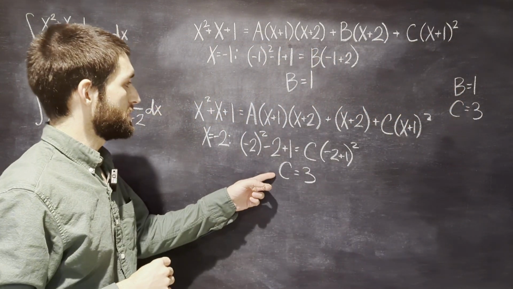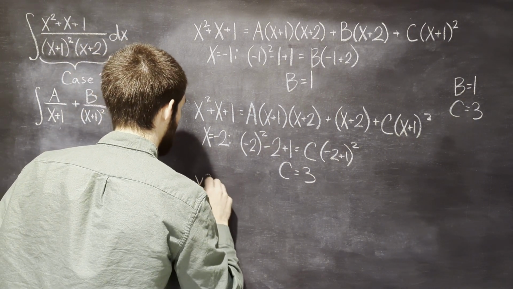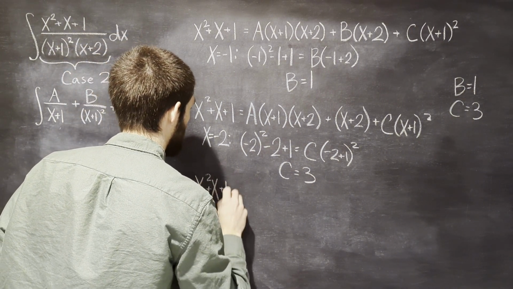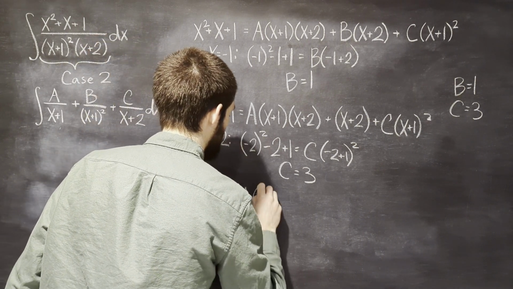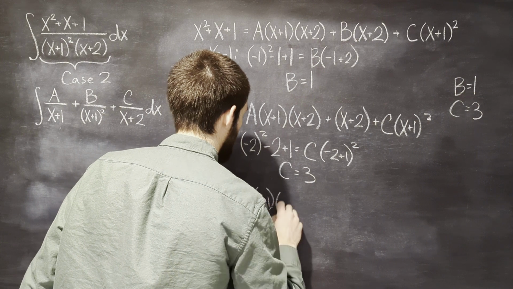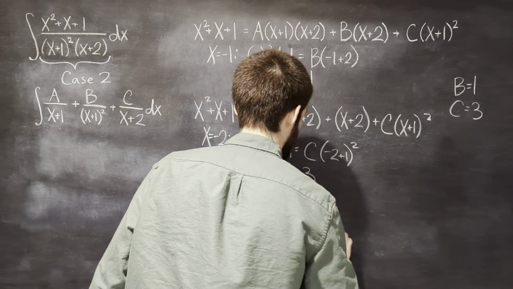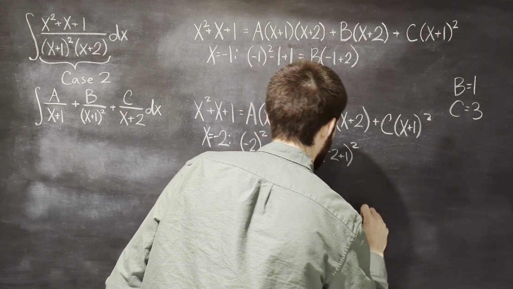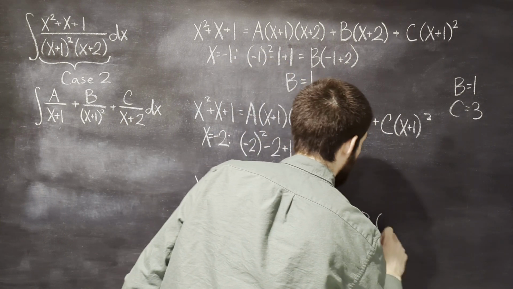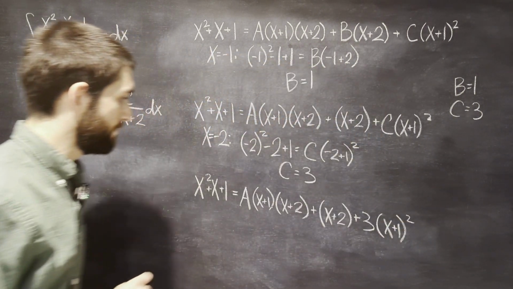We can substitute this back into our equation. That will give us x² + x + 1 equals a times (x + 1) times (x + 2) plus (x + 2) plus 3 times (x + 1)².